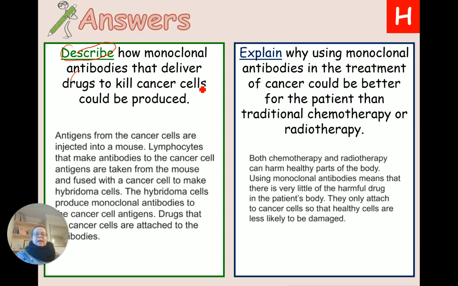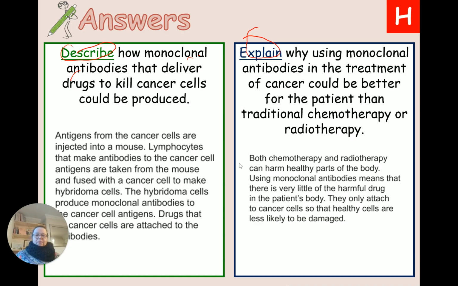And then explain. Explain is using because, why, so. So explain why using monoclonal antibodies in the treatment of cancer could be better for the patient than traditional chemotherapy or radiotherapy.